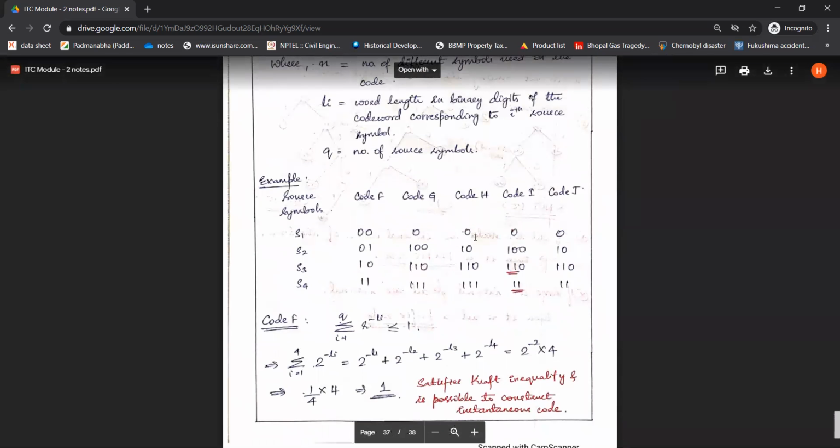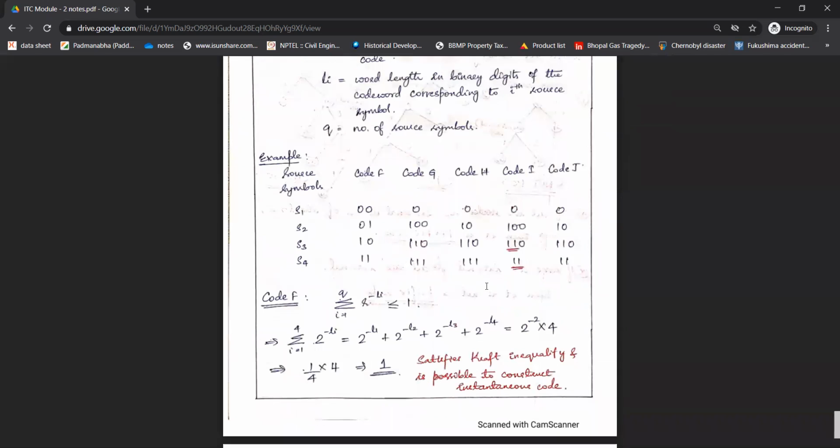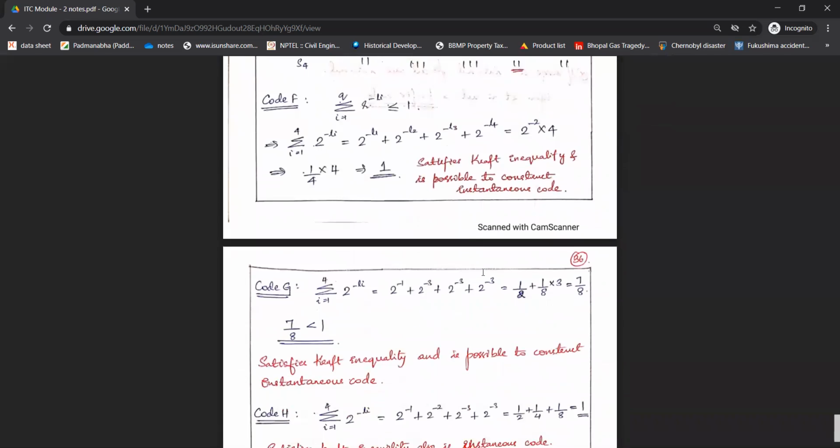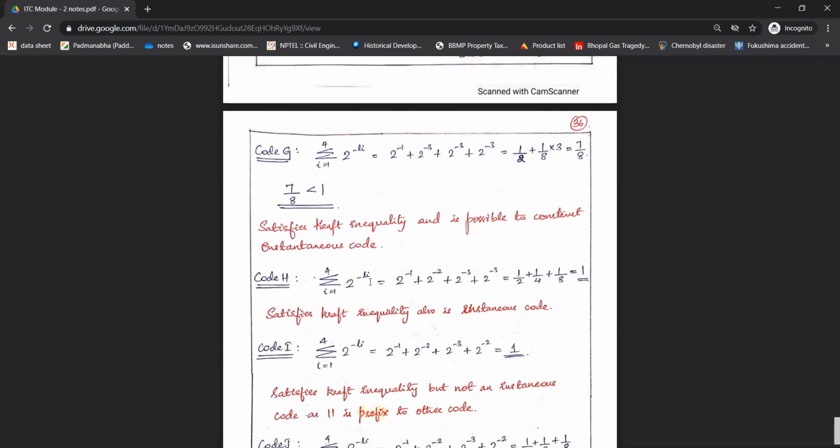Similarly, next let's consider code H. The length of the first code word is 1, the second code word length is 2, and the third and fourth code word lengths are 3. So i equal to 1 to 4, 2 to the power minus li. We write 2 to the power minus 1, 2 to the power minus 2, and for the third and fourth, 2 to the power minus 3 plus 2 to the power minus 3.